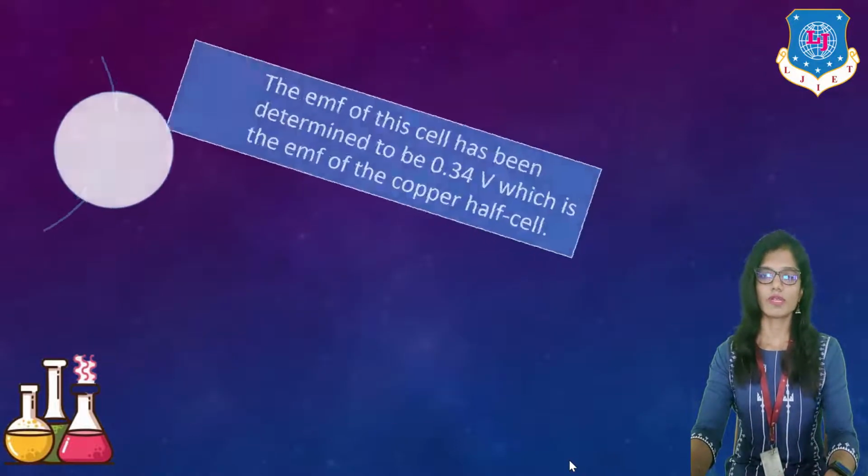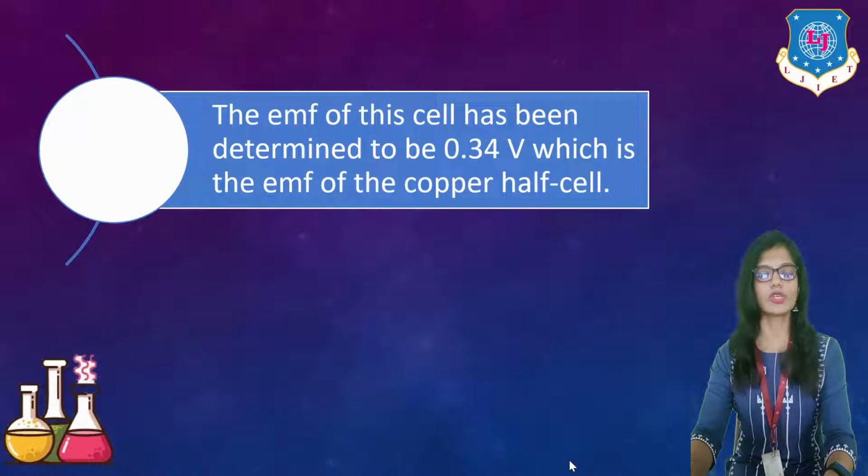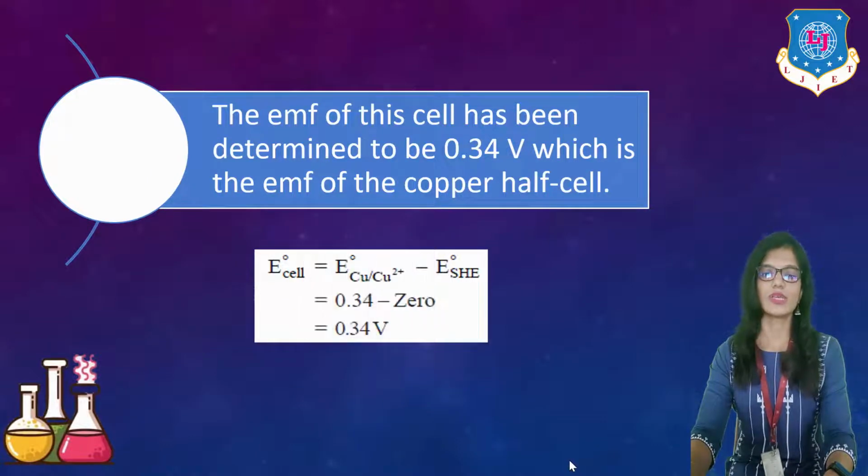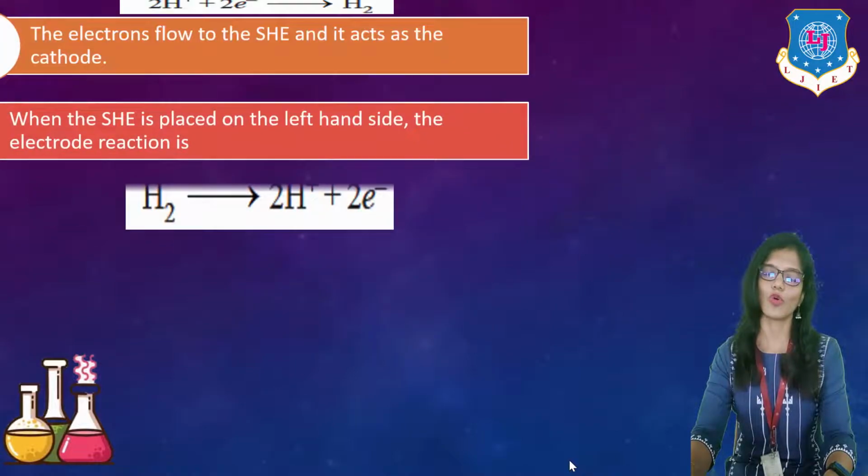The EMF of this cell has been determined to be 0.34 volts, which is the EMF of the copper half cell. So E0 cell is equal to E0R minus E0L, so 0.34 minus 0 gives you 0.34 volts.